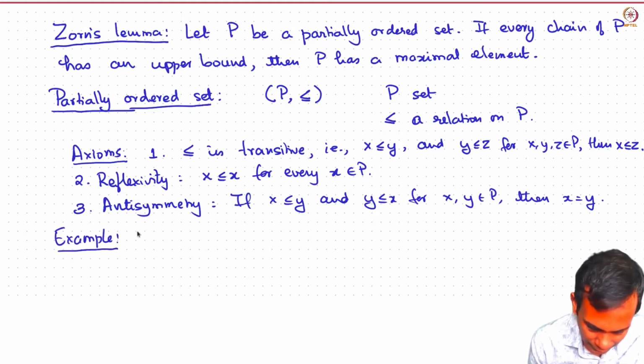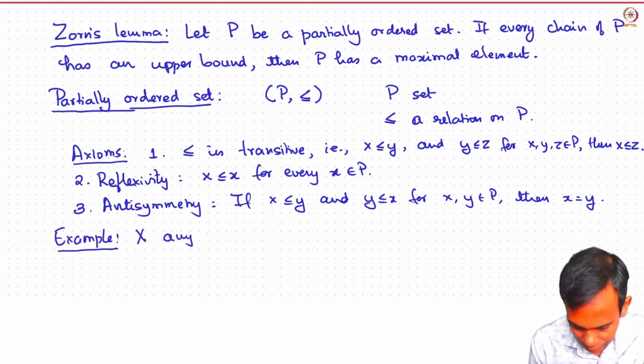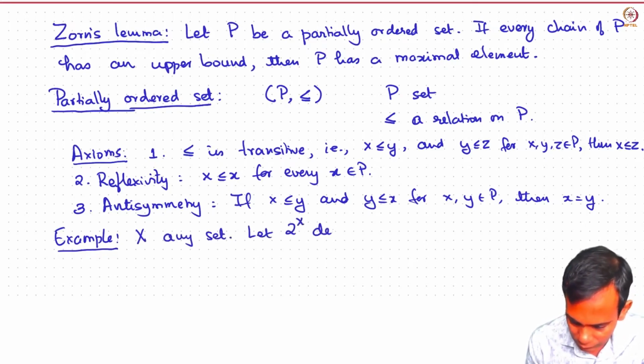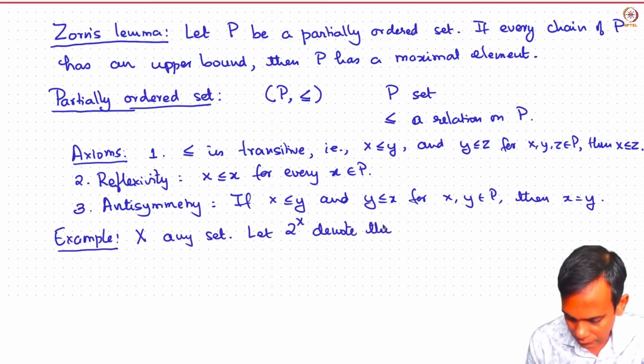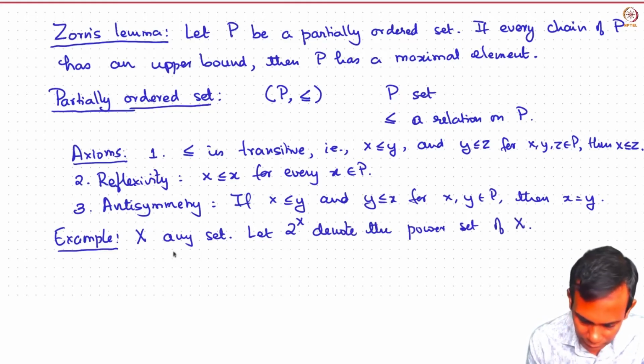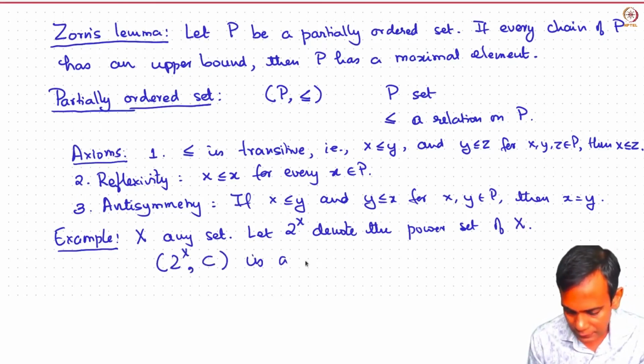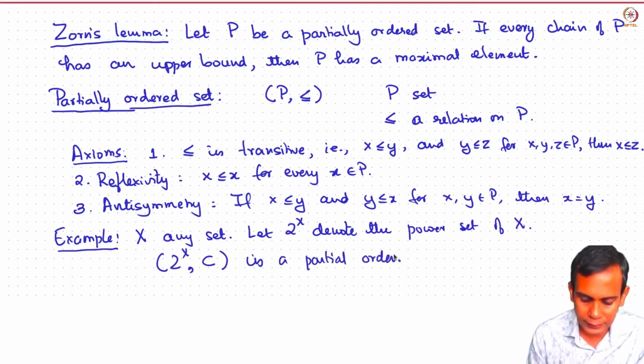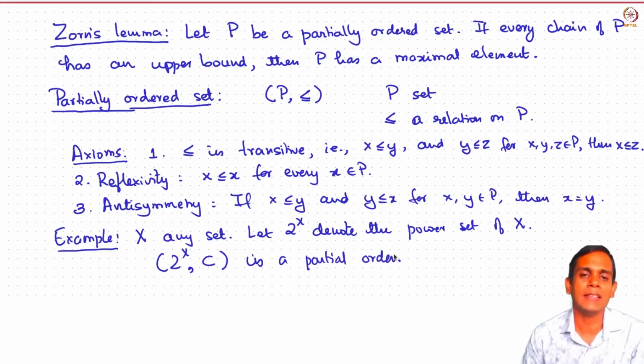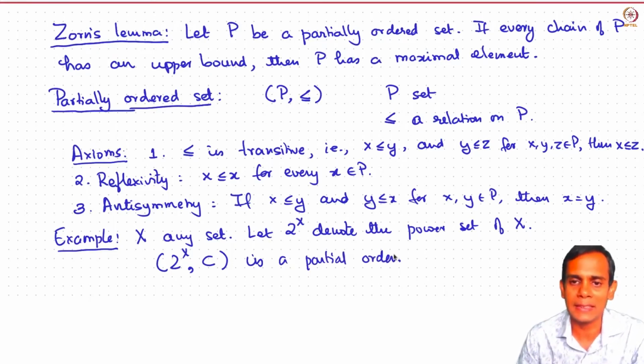Let X be any set, and let 2 to the power X denote the power set of X. Then 2 to the power X, the power set of X, together with set containment, is a partial order. Clearly, if a set x is contained in a set y and a set y is contained in a set z, then the set x is contained in the set z.